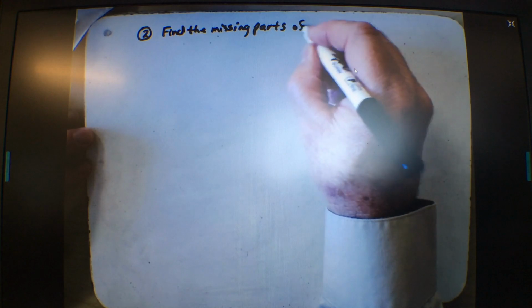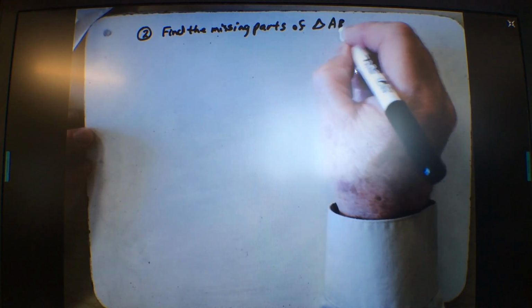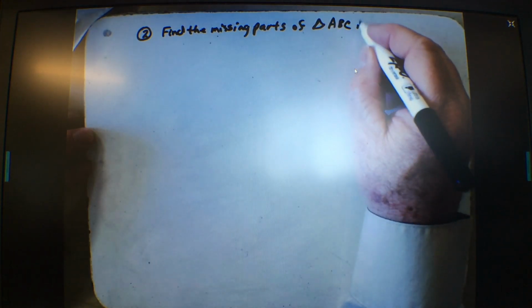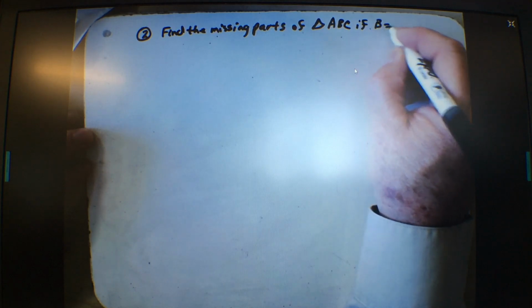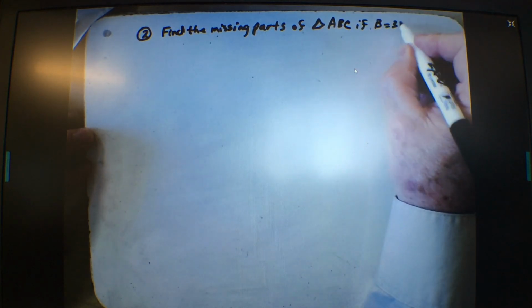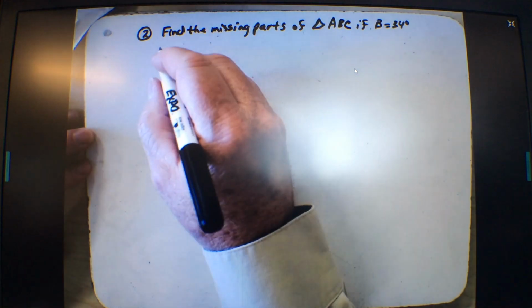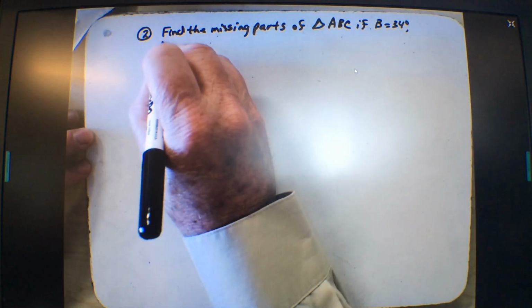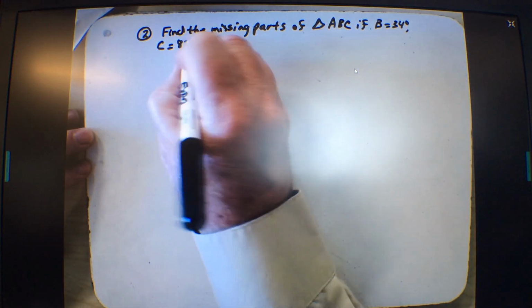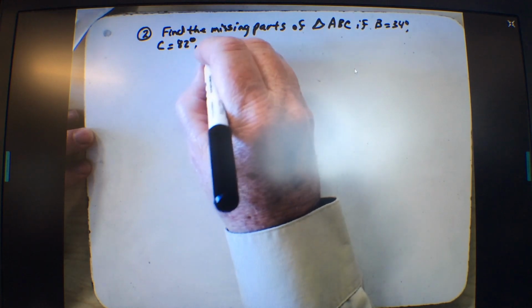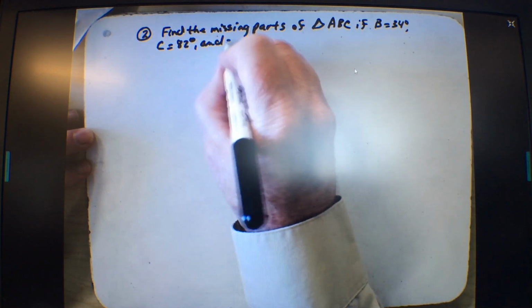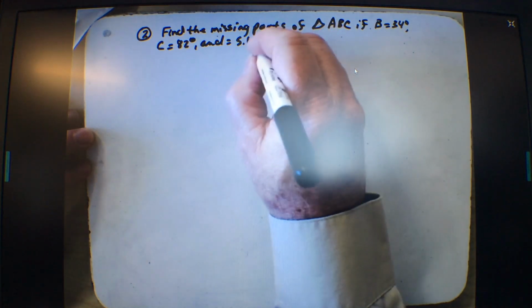Of triangle. They like to use ABC quite a bit, so we'll stick with it, ABC. If B, which is an angle, notice they don't use an angle symbol, right? They just use a capital letter. B equals 34 degrees, C equals 82 degrees, and A equals 5.6 centimeters.